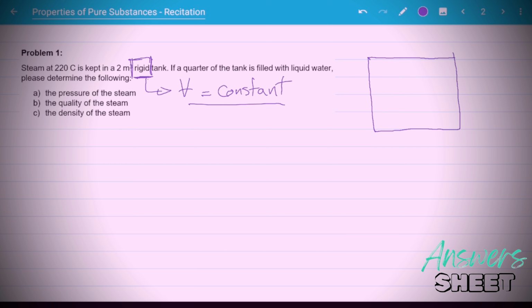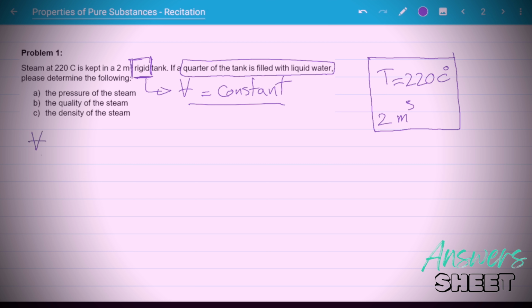Okay, so we have our tank and its volume is given, 2 meters cubed, and the temperature of steam is 220 degrees Celsius. Now, a very important piece of data that the problem is giving us is that a quarter of the tank is filled with liquid water.